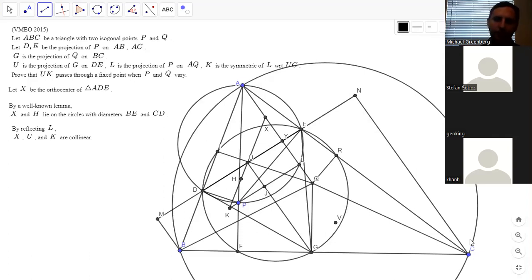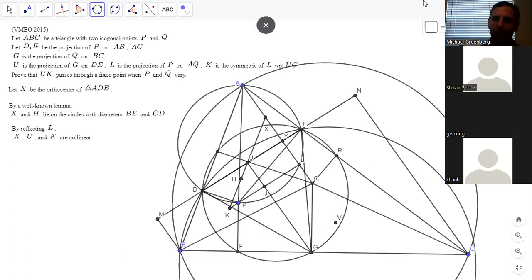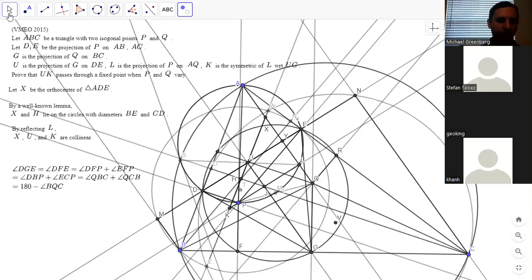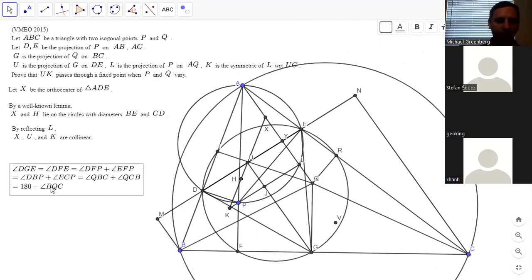basically, is BDEC cyclic? I don't think so. But you're saying that, because DGE is 180 minus QBC, that proves that BG over GC is DU over UE?